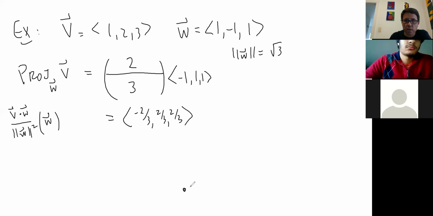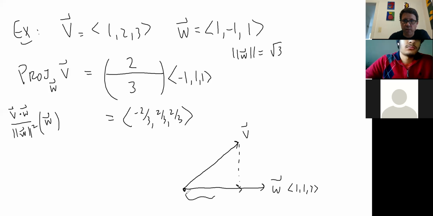So again, I don't have the directions of these things quite right. If I did W and I did V, so this is 1, minus 1, 1. But if I took the shadow down here, then that vector right there would be, sorry, I put the minus in the wrong place.